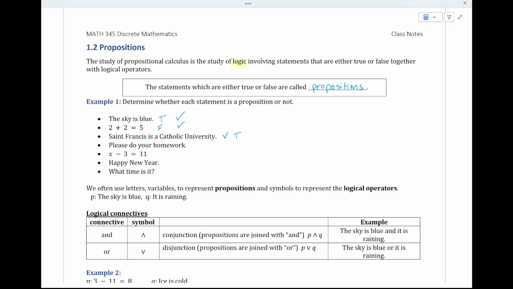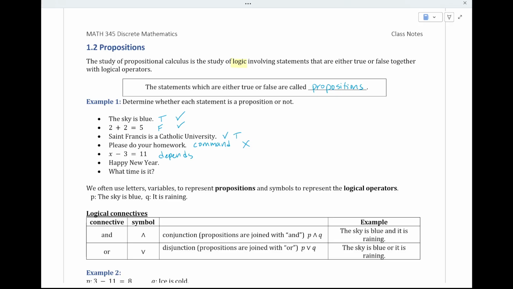Please do your homework. This doesn't really have a true or false value. This is a command, a very nice command. And so this is not a proposition because it does not have a value that is true or false. X minus 3 is 11. This depends. Its truth value depends on the value of x.